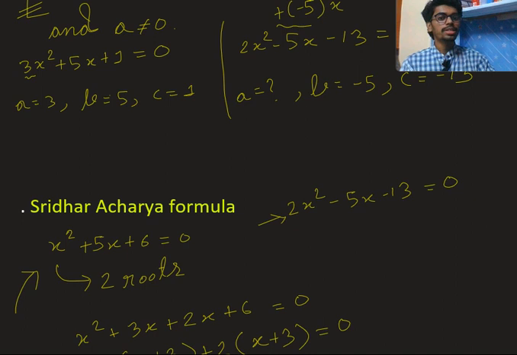So when the middle term is not possible, or is very complex to do, then how can we find out the two roots of variable x? Here the Indian mathematician Sridhar Acharya helps us. So here is his formula. Let me write it down. Sridhar Acharya's formula.